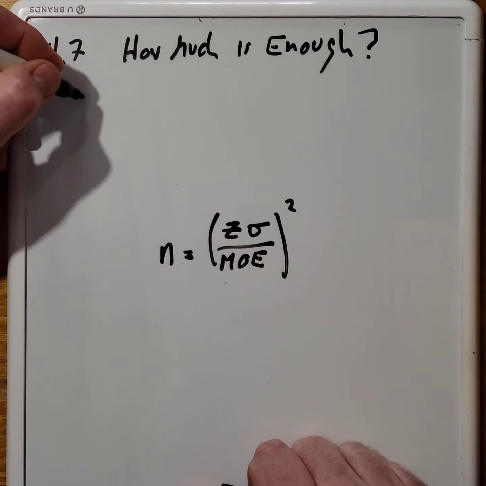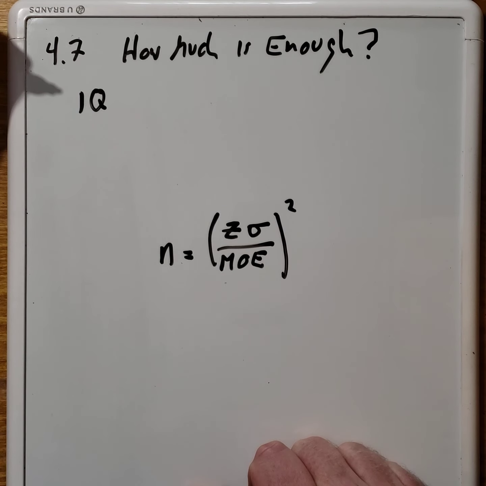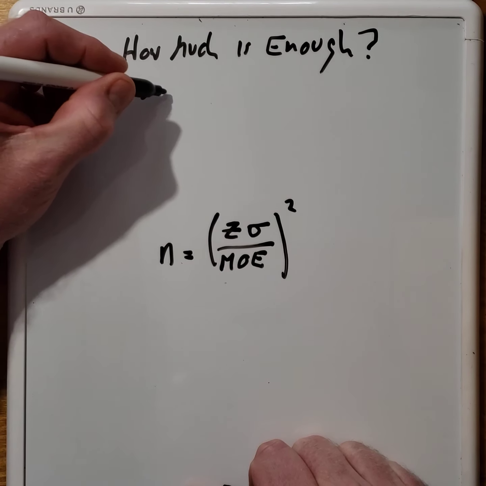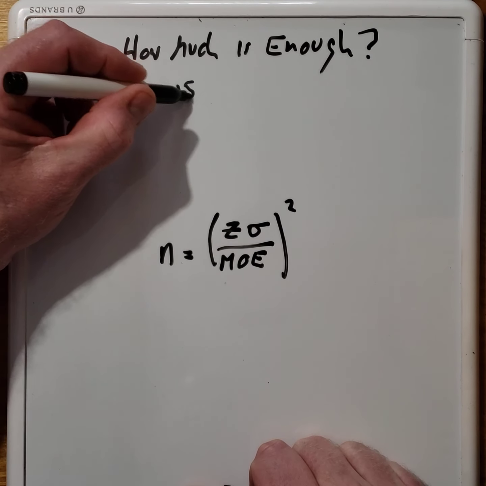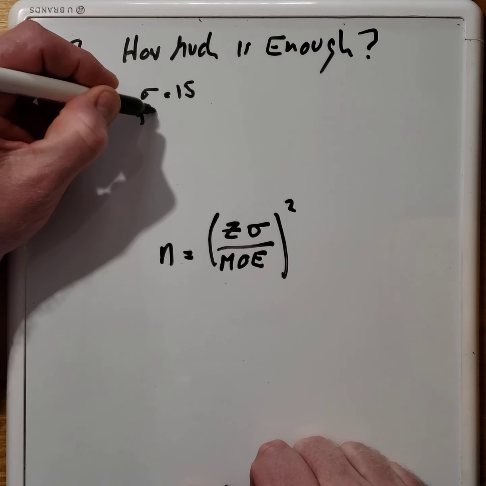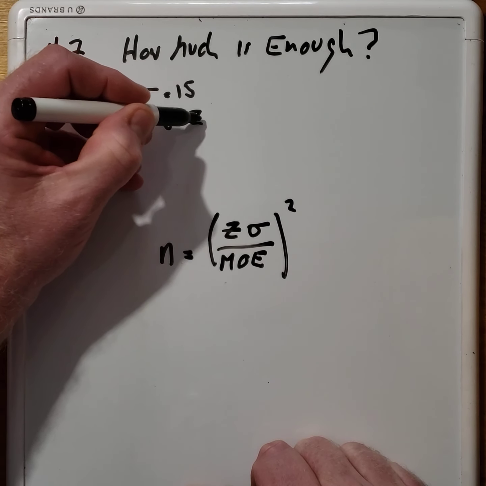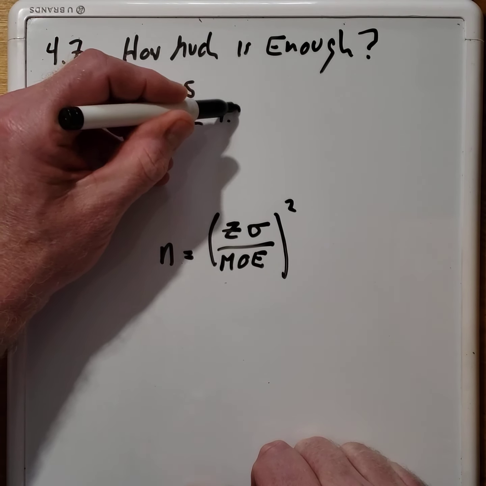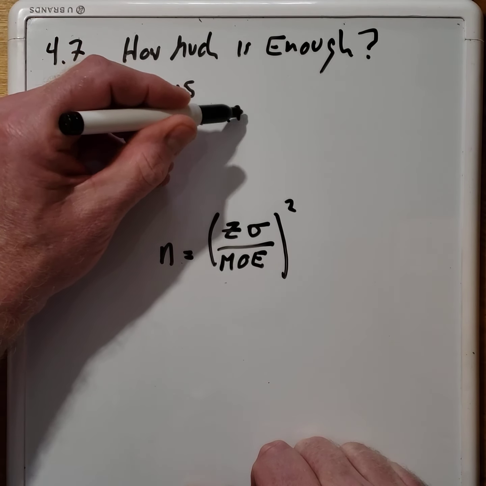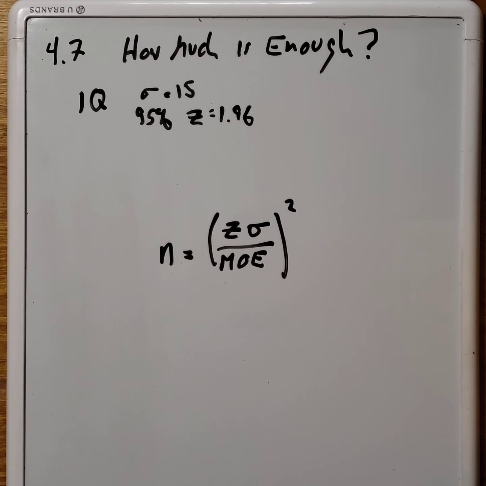Let's say we're looking at IQs again, because the numbers are nice. And we know the standard deviation is 15. And let's say we want 95% confidence. That means that our Z is going to be that 1.96. And suppose we're looking to find the mean IQ for Jefferson College students, and we'd like that to the nearest 1 point.